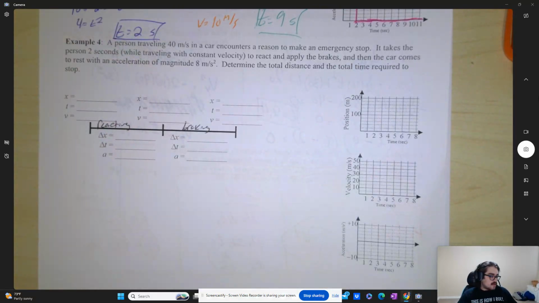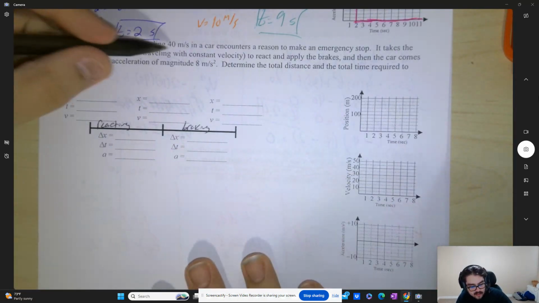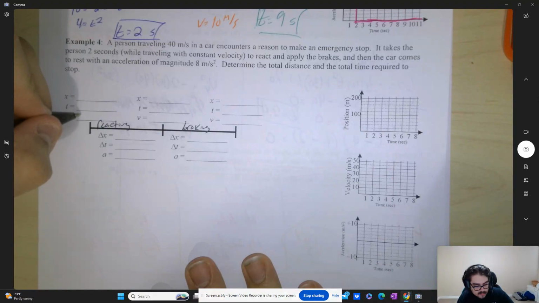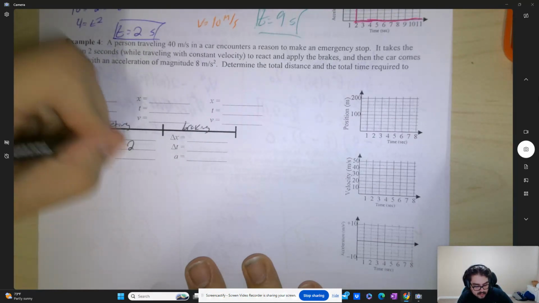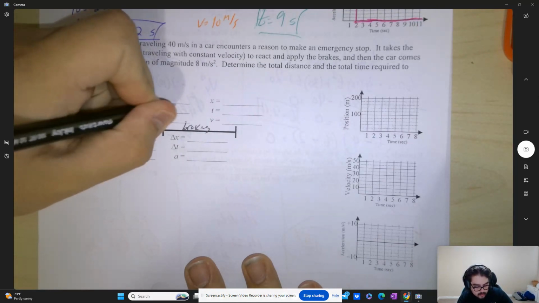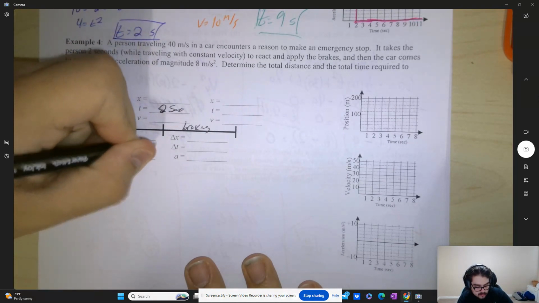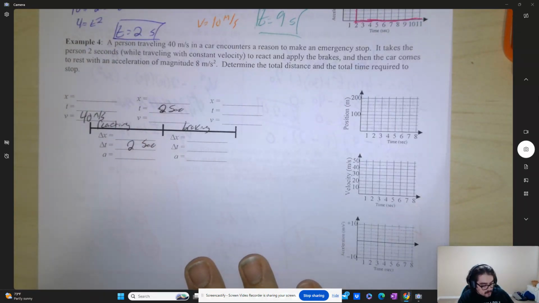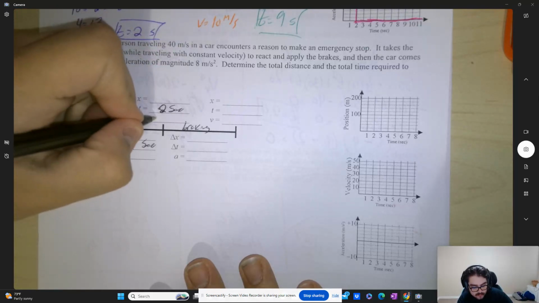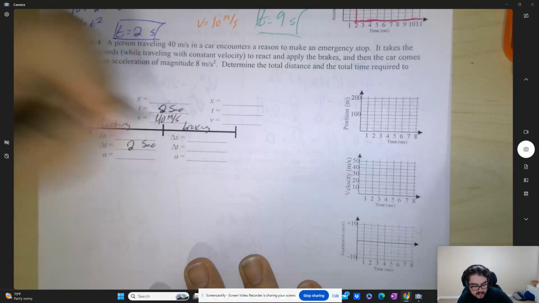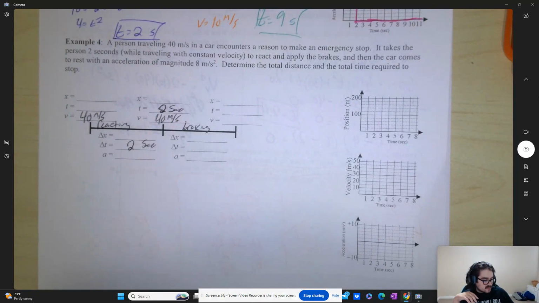Okay, when you solve something like this, let me fill in the important information that we've already gotten so far. Traveling 40 meters per second, that's initial velocity. Takes 2 seconds to react. And he goes at constant velocity, so it should be 40 meters per second there in the middle as well.